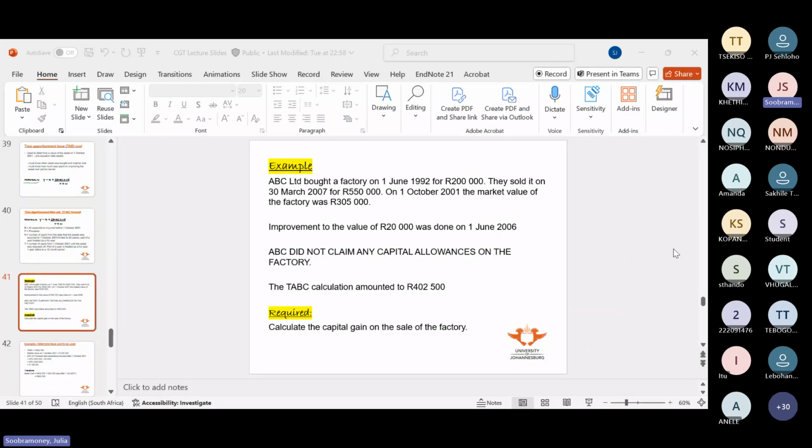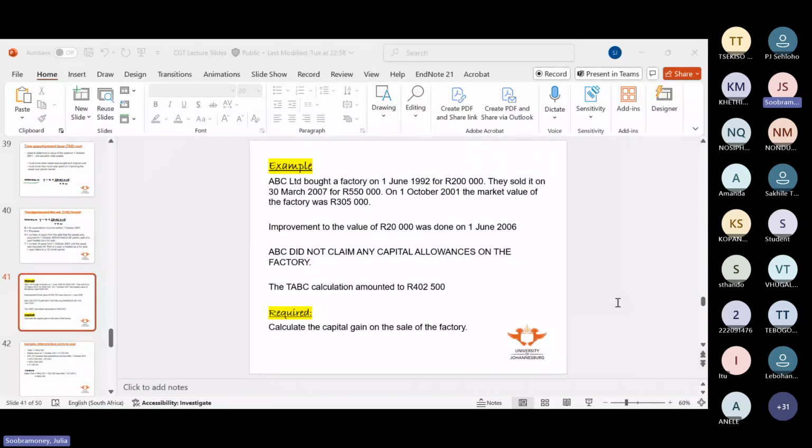Well, because number one, they tell us that there's no allowances. But you must remember, when an asset does not have any allowances, it means we never have to calculate tax value. We never have to calculate recoupment. Why? Because it's not written off. So what do we do? We go straight into CGT.